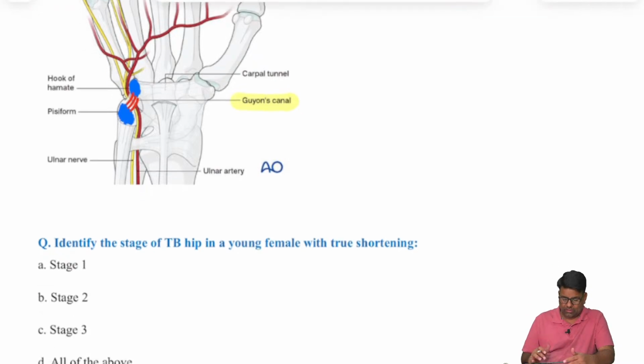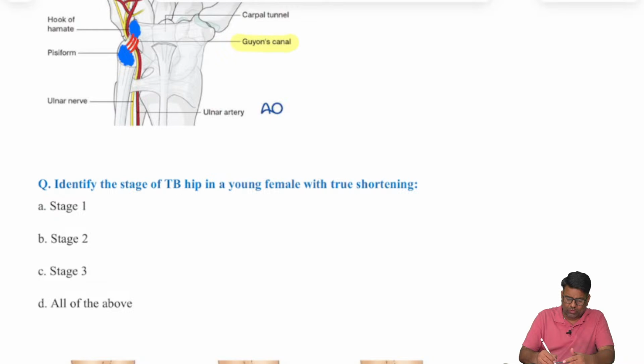Then there was one question about tuberculosis of the hip, and the patient was having true shortening. Which stage is TB hip with true shortening? To answer this question, you have to understand the concept.